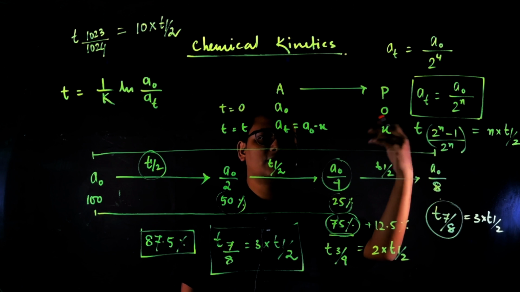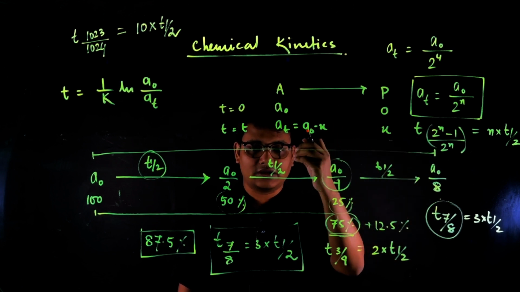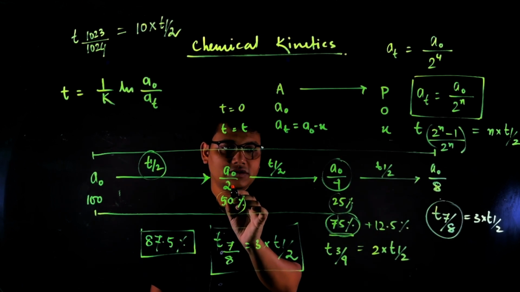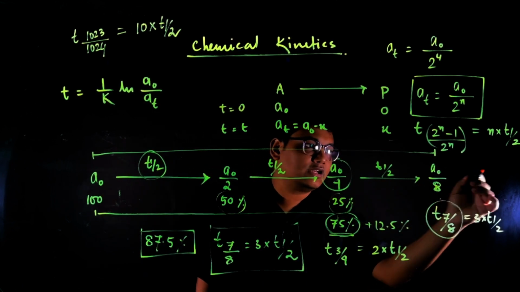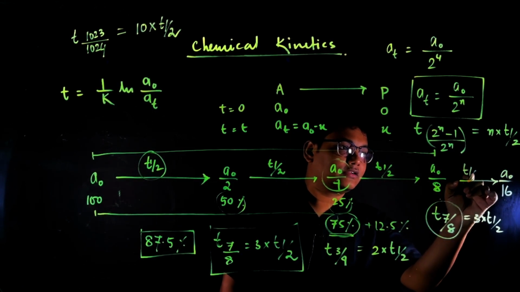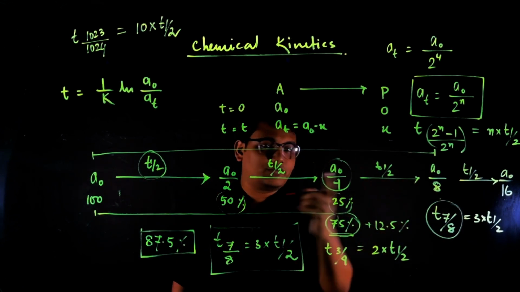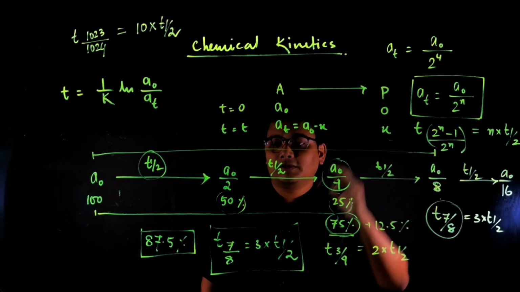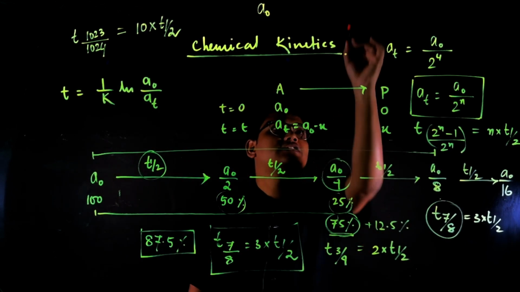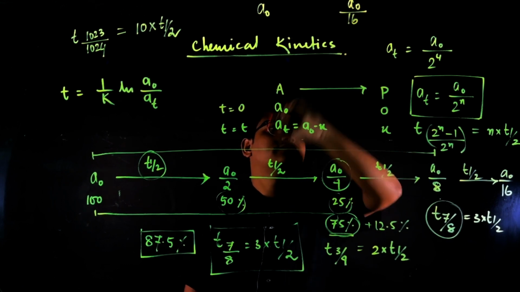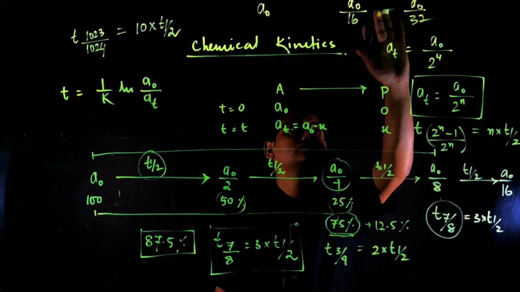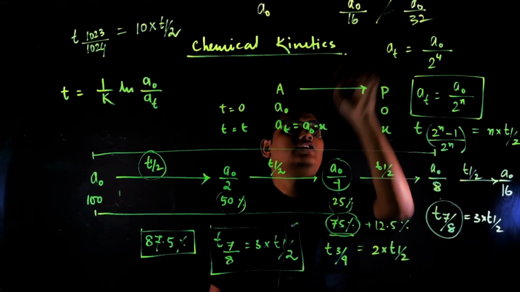You can think about it like the memory of a memory card: we have 2 GB, 4 GB, 8 GB, then 16 GB. So here it will be A0 by 16, and then the reaction will go up to 4 t half. If the initial concentration is A0 and the final concentration is A0 by 16, or they can ask A0 by 32, what is the time required?